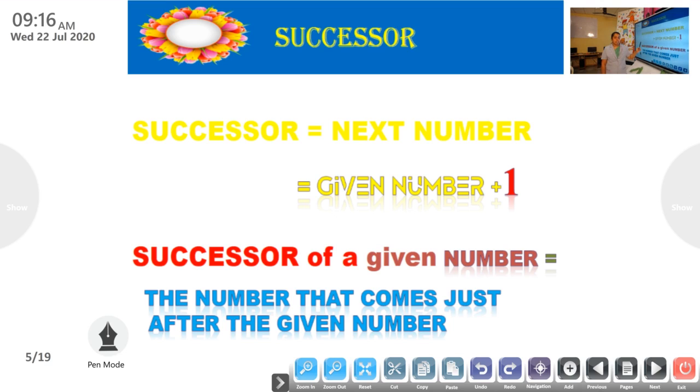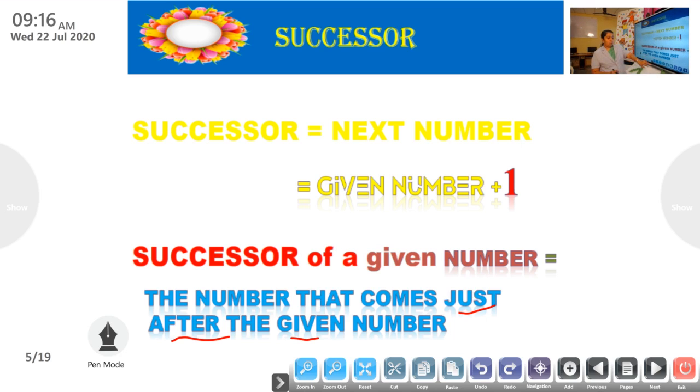The successor of a given number is the number that comes just after the given number. Is it clear?